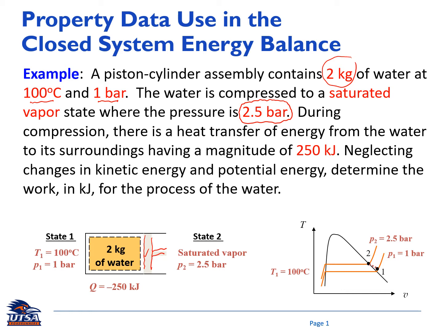State 1 is at 100 degrees C and 1 bar. The system is doing a compression process, so the pressure increases. I think the volume also decreases, so the piston moves to the left.